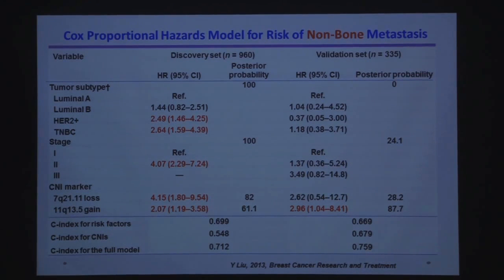I'm afraid my question might not have been understood correctly by you. My question was whether the regions amplified in bone metastasis and non-bone metastasis are identical, overlapping, or slightly different.